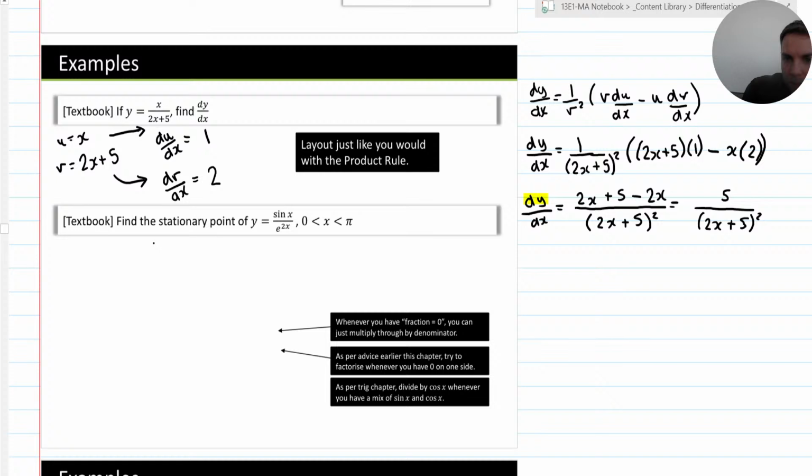And that's it. So this here is what we're looking for. dy by dx is equal to 5 over 2x plus 5 all squared.